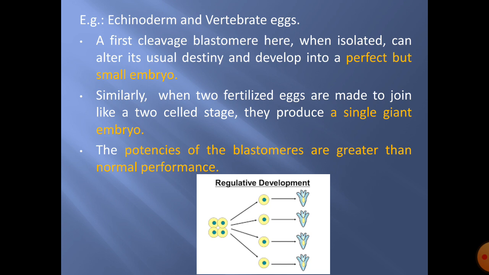Such eggs are called regulative eggs, and the development is called indeterminate development. So by now we must have understood that mosaic egg and determinate development go hand in hand, while regulative eggs and indeterminate development go hand in hand.